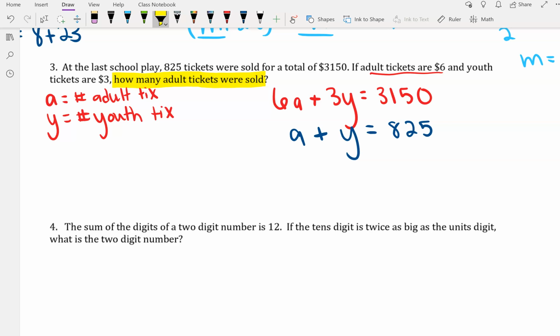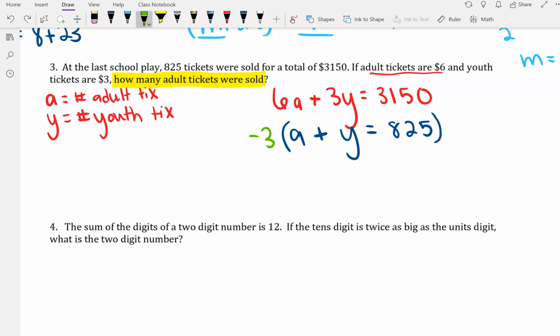So let's solve for the A first. In order to solve for the A, I want to eliminate the Y. So what I'm going to do is multiply this second equation by -3, and that will eliminate the Y's. That'll get it to cancel out with this positive 3Y.